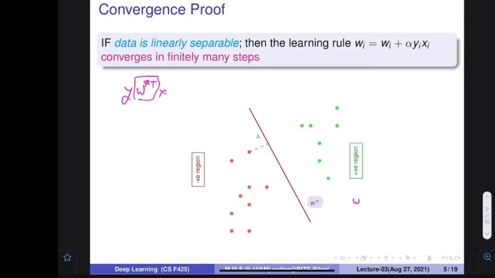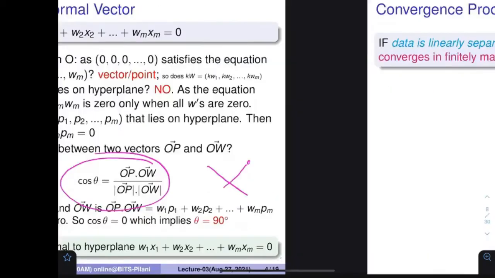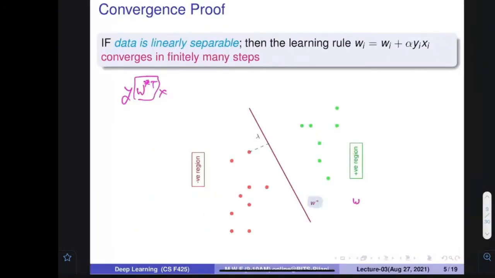So what would this value be for all the points? It would be positive, because all the points are rightly classified. We discussed a few minutes back that this is going to be a positive value, because it is the right one. I'm assuming that this particular w is the right w, so this is going to be a positive value.